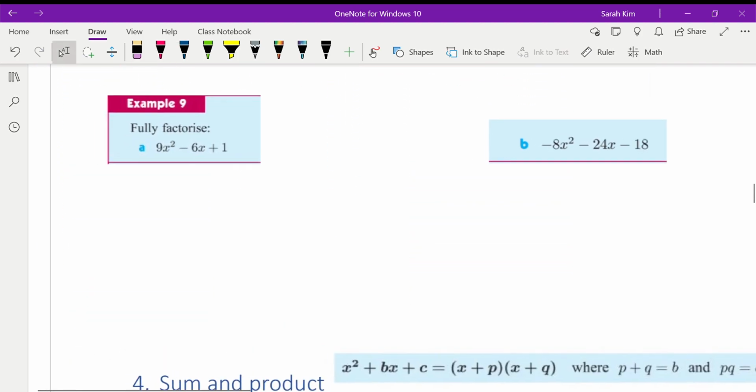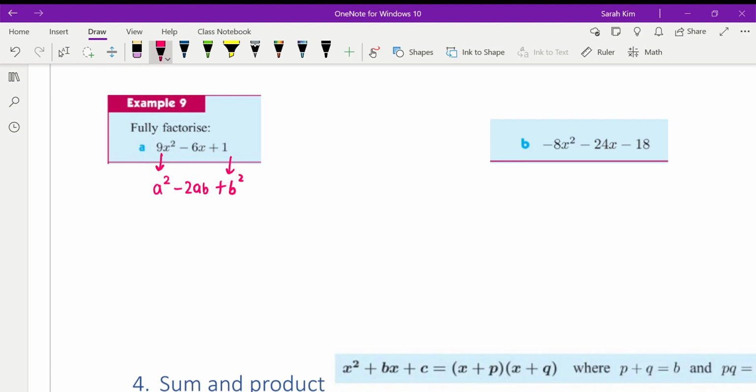Alright, same thing, fully factorized again. So I'm going to line it up. This is a minus in the second term, so I'm going to use the minus option. Line it all up, find my a and b. So a is 3x, and (3x) squared is 9x squared.